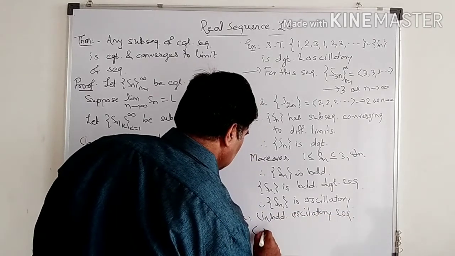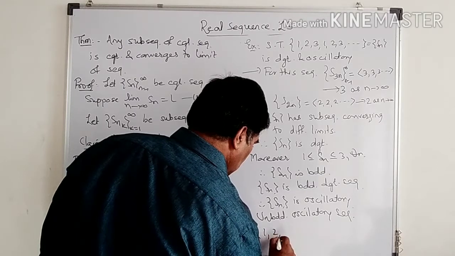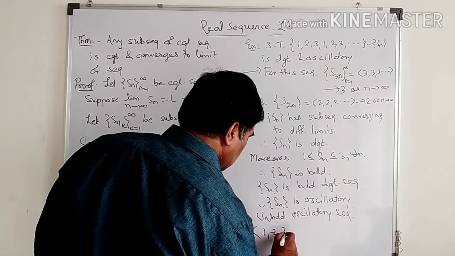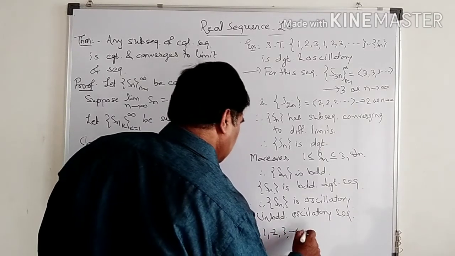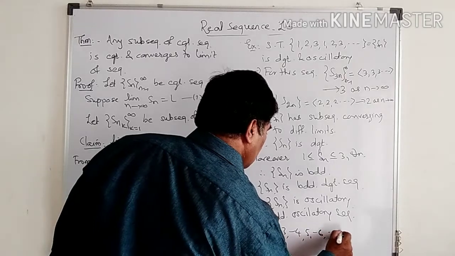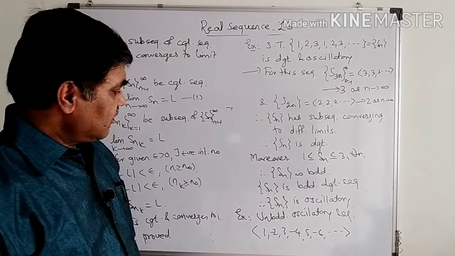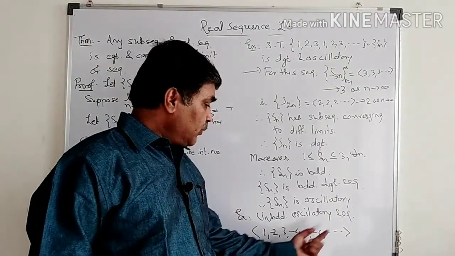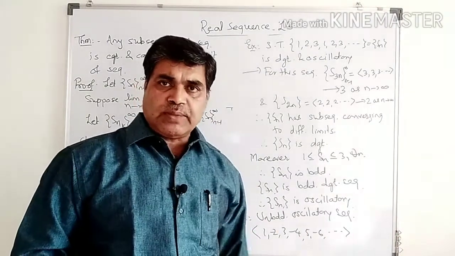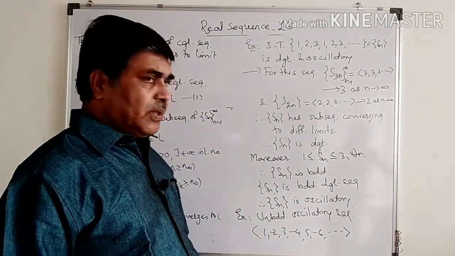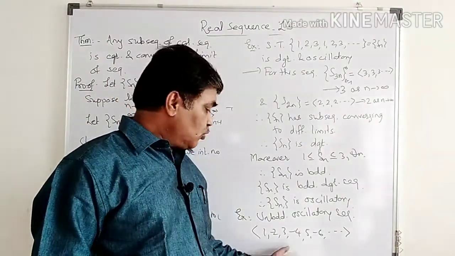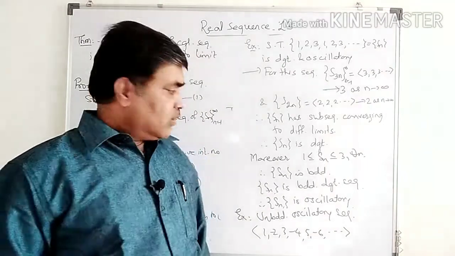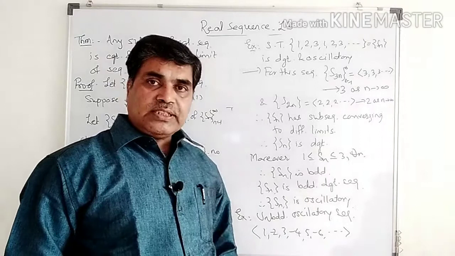If I take the sequence 1, minus 2, 3, minus 4, then 5, minus 6 and so on. For this, you can observe the odd places take 1, 3, 5 and so on, which approach towards infinity. Even places take minus 2, minus 4, minus 6 and so on, which approach towards minus infinity. Therefore, Sn must not be a bounded sequence.